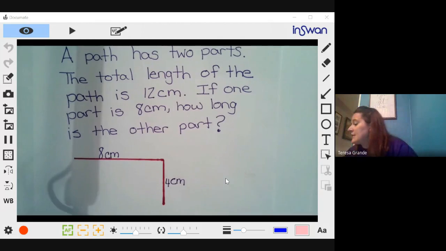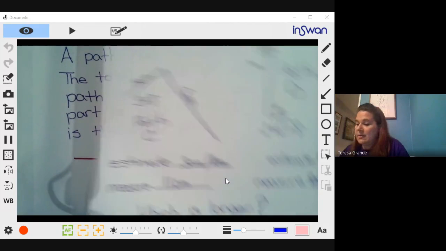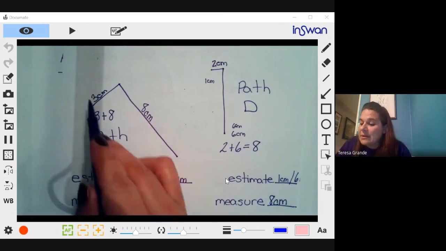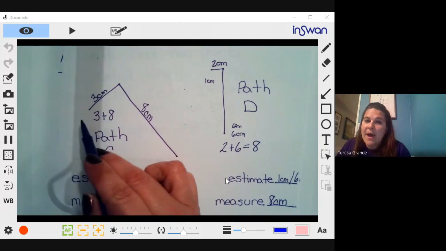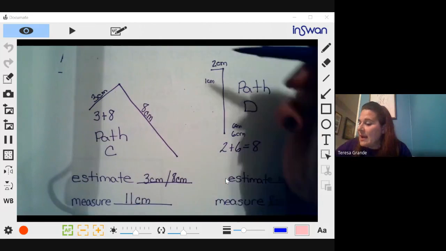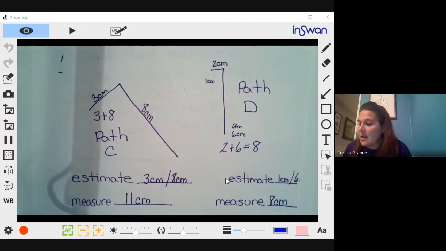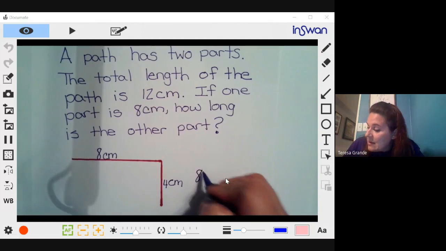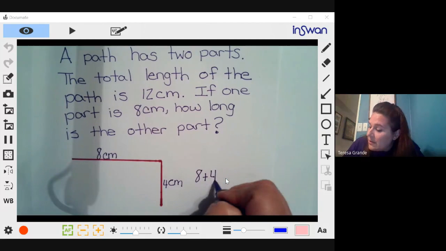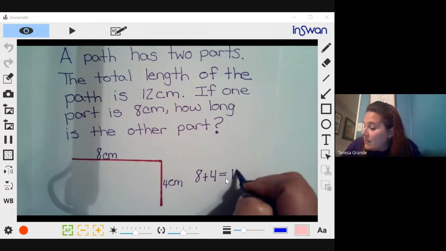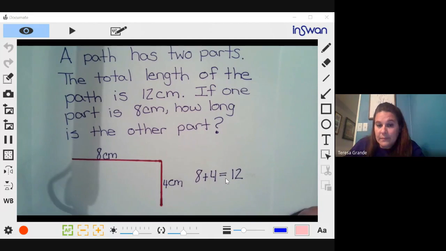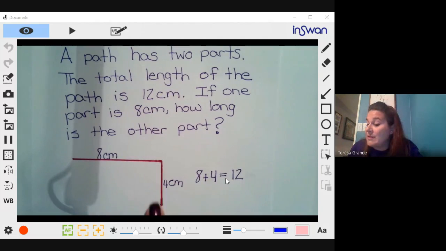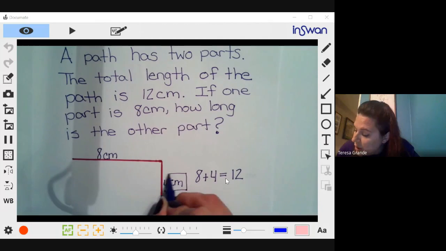Okay. Just like we did here, we had to add both parts of the path. We added 3 and 8 and 2 and 6. So for this one, we would add 8 plus 4 equals 12. So when it asks us how long the other part of this 12 centimeter path is, the answer is 4 centimeters.